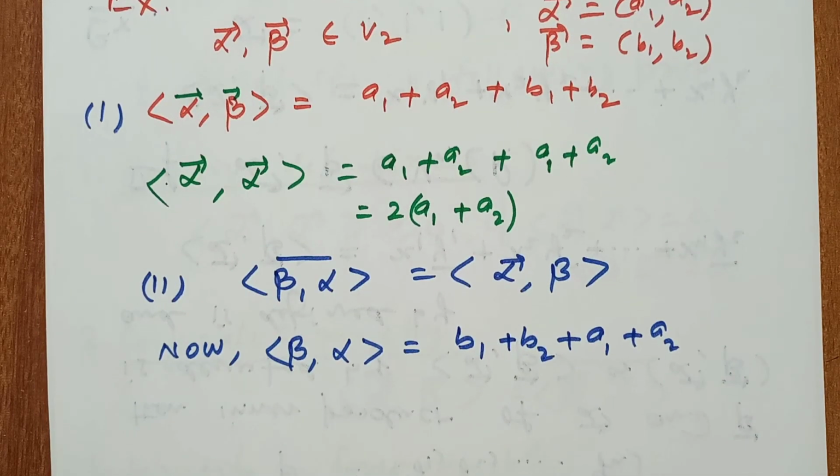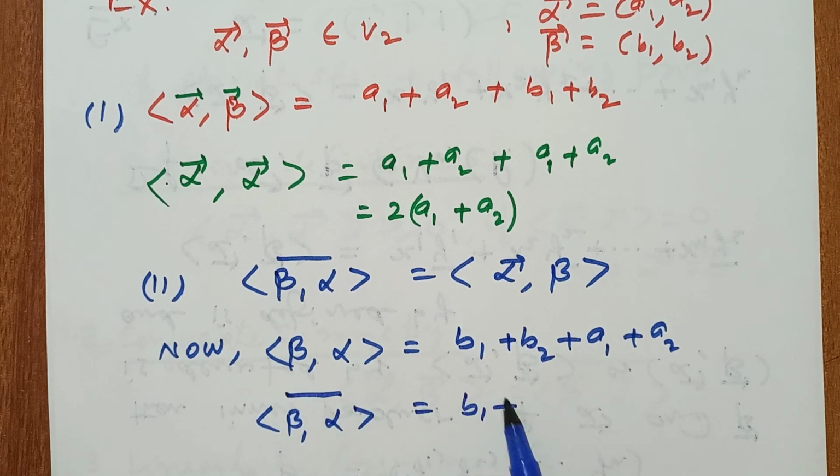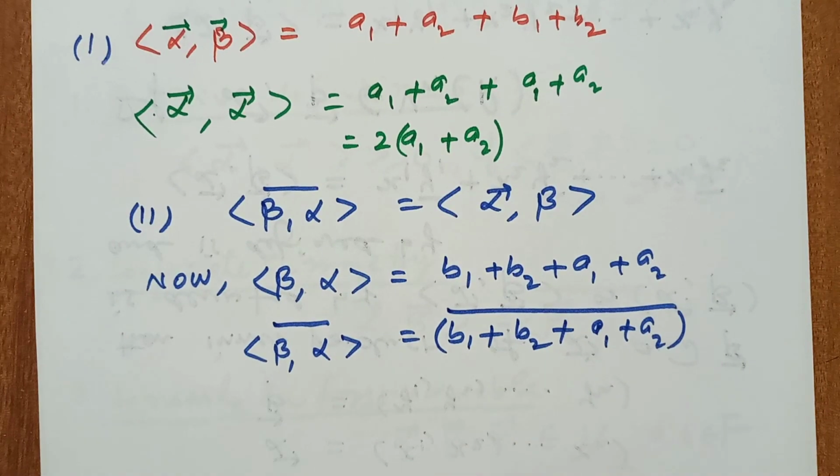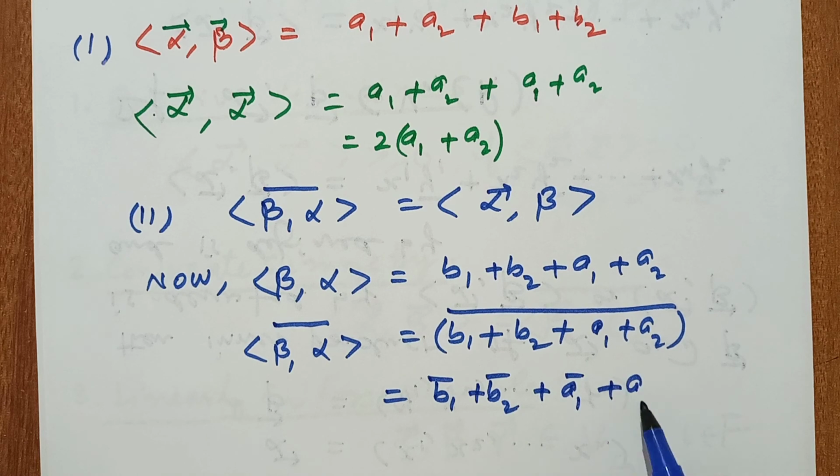Now the conjugate of beta alpha, using the property of conjugate, is b1 bar plus b2 bar plus a1 bar plus a2 bar.